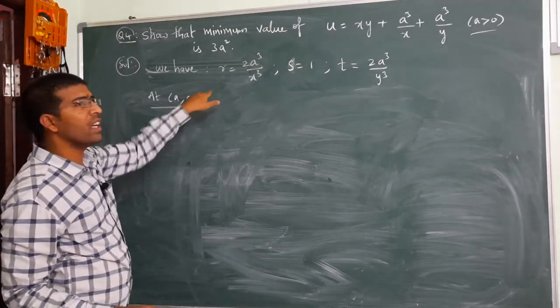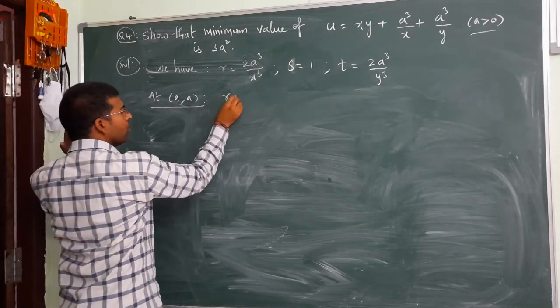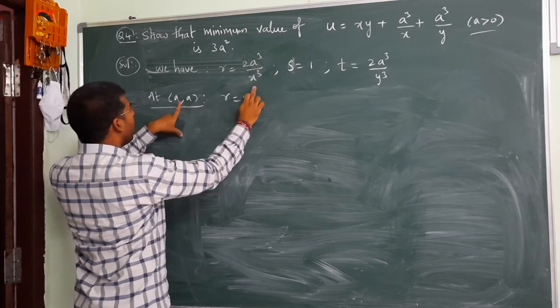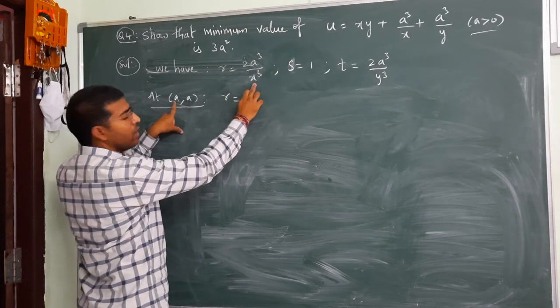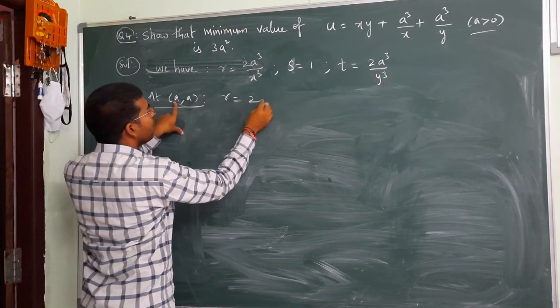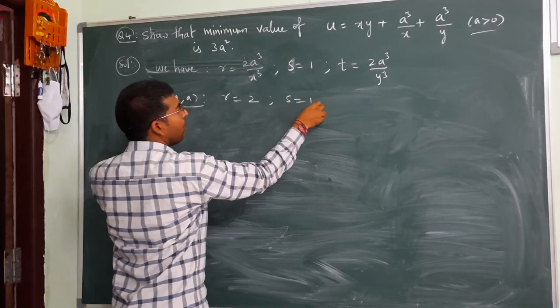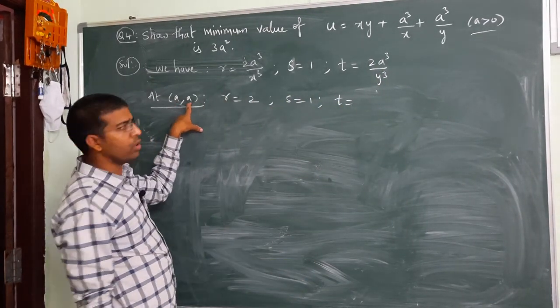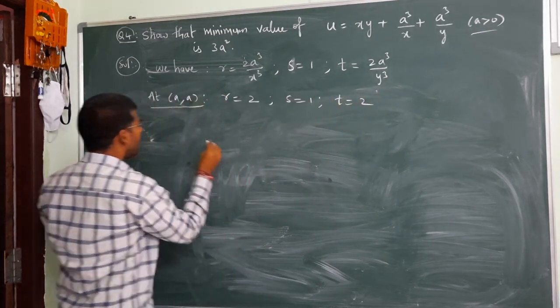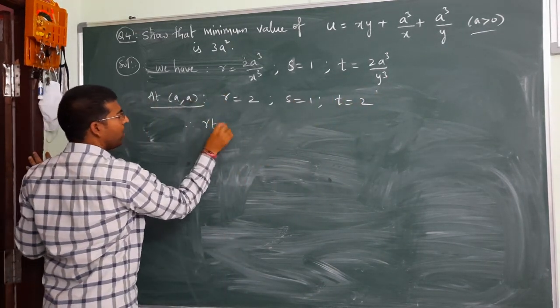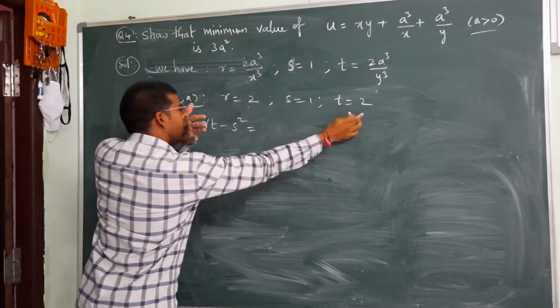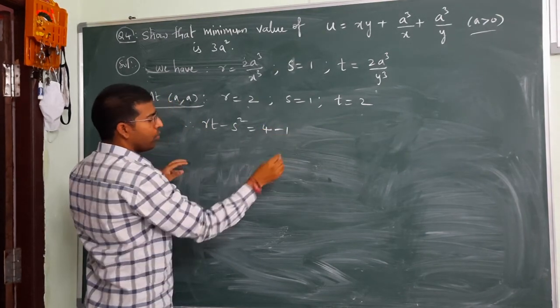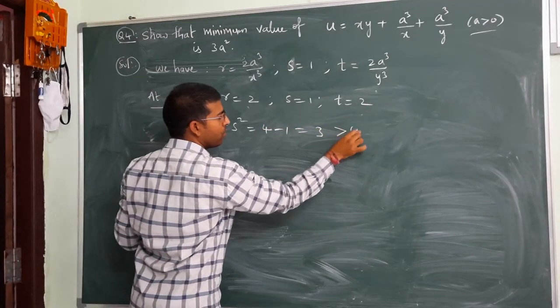So at a comma a, what is our R value? 2a cube by a cube, right? x means a, so you are getting 2. S is 1. What about t value? 2a cube by y cube. y is also a, therefore 2. Therefore RT minus s square, that means 2 into 2 is 4 minus 1 which is 3, which is positive.